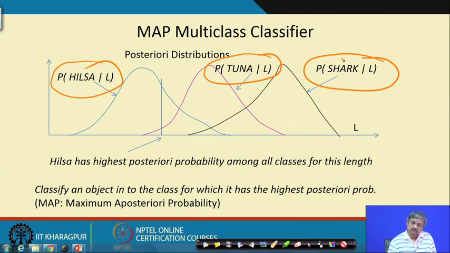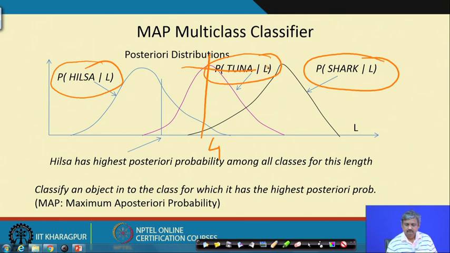Now, for a new fish, I measure its length L. Suppose L is this value L1. I draw a vertical line at L1. At that point, out of these three, whichever curve is the topmost curve, put that fish of length L1 into that class.